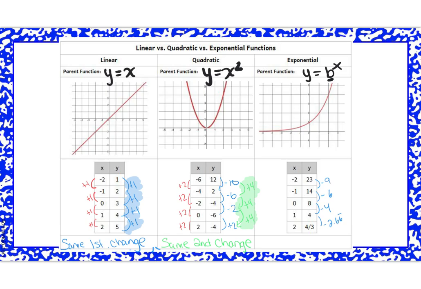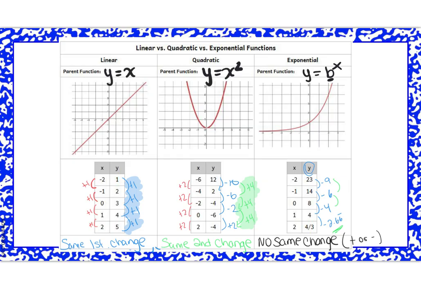When I look at my y change, I actually don't have anything that is consistent. And if I try to take the second change, I also won't get something that's the same because of this decimal part. So whenever there is no change that is the same with addition and subtraction, I can consider it exponential for the purposes of our linear versus quadratic versus exponential.